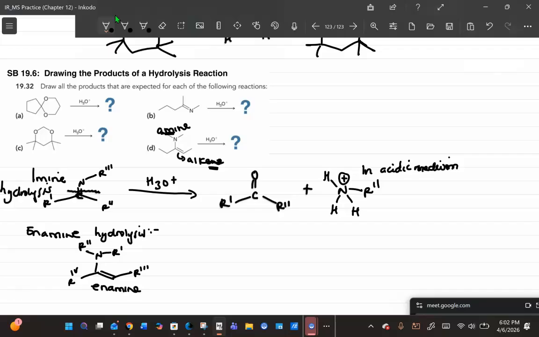Now the way I do this is I usually take this back to the iminium salt. However, if you just want to cut out the nitrogen, it's still fine. But I like keeping the idea that this enamine was formed from an iminium salt. So I usually do a retro kind of thing. Then once I have my double bond, I can definitely see, like we did up here for imine, just chop that off.